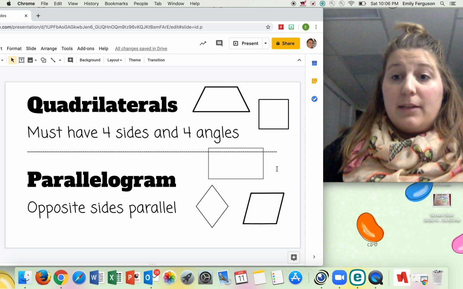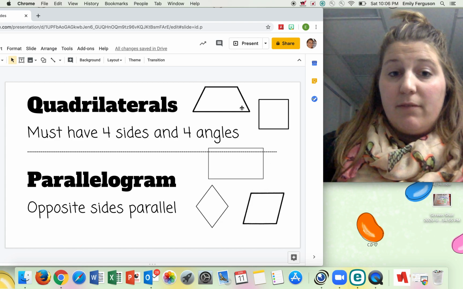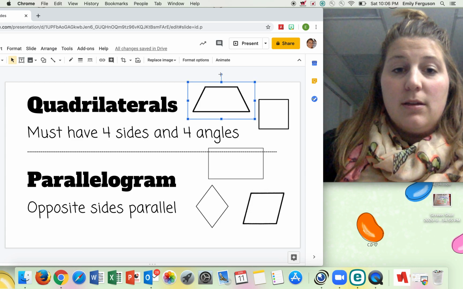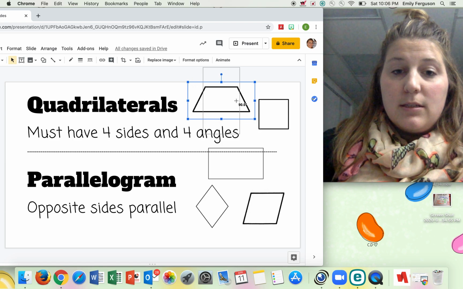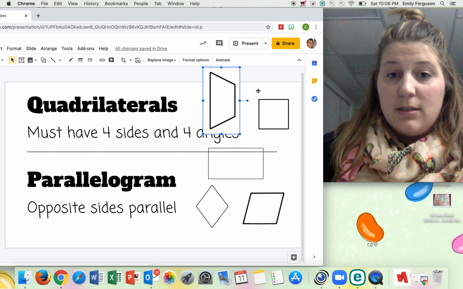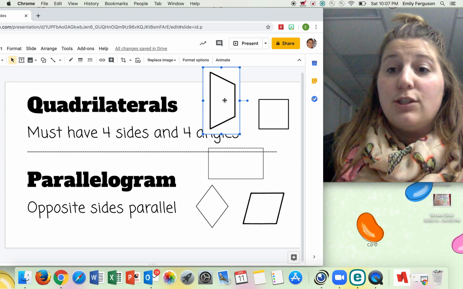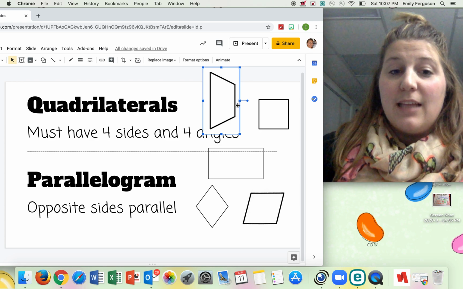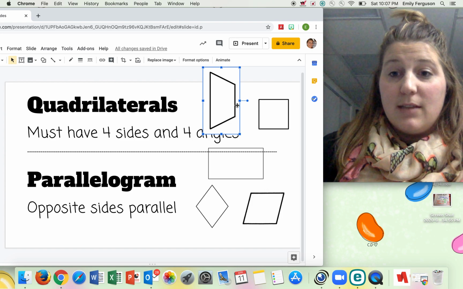One thing I do want to remind you of before you move on, which you've dealt with shapes for a very long time being 5th graders, is that if you turn a shape, so if I take this trapezoid and I turn it 90 degrees the other way, it is still a trapezoid. It did not change the shape because of the direction that I turned it. So if I'm looking at the properties, it still has 4 sides and 4 angles and only 1 set of parallel sides.